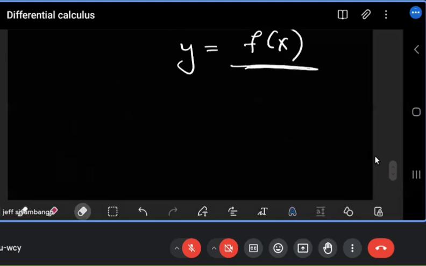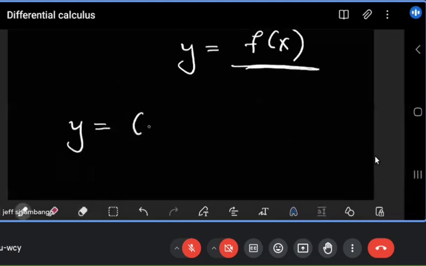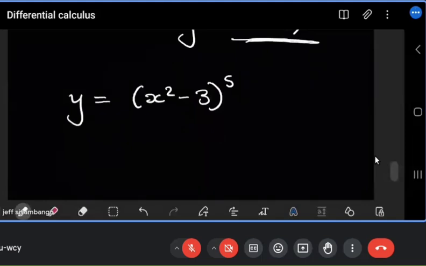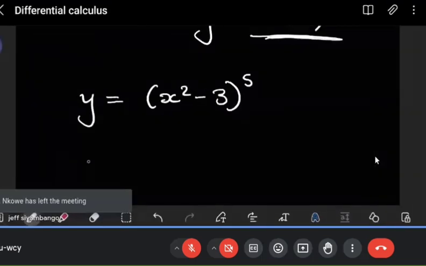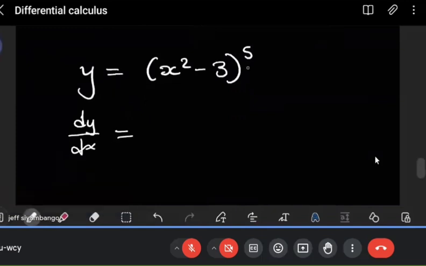If you recall, for chain rule, we said, let's say you have a simple function here, x squared minus 3, and then raised to the power 5. When we were just introducing chain rule, remember we ended up concluding that the derivative dy dx was equal to, differentiate this just by looking at the power. So get the power, multiply it down here, keep the function the way it is.